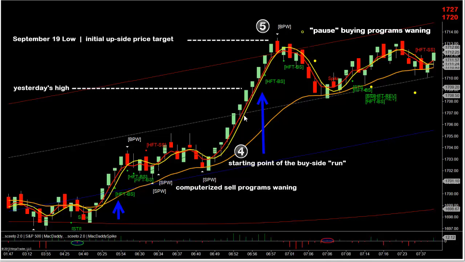Notice the exponential characteristic of the digital filter as the S&P auctions up to the prior day's high and trades up to the September 19th low at or near 1713. On the initial probe to the September 19th low, the buy programs paused and the S&P pulled back to what was the prior day's high.